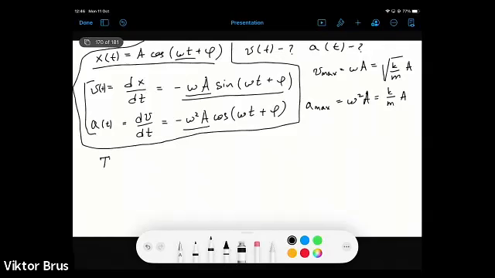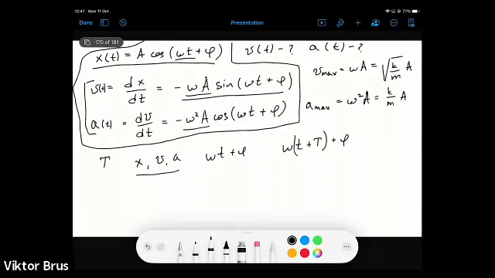So it means it comes back to the initial state, and that means that these parameters for which we derived the equations, displacement, velocity, and acceleration of this particle at the phase omega t plus phi is equal to the same parameters at the phase omega times t plus period capital T plus phi.